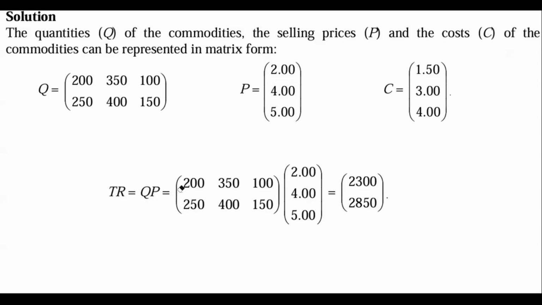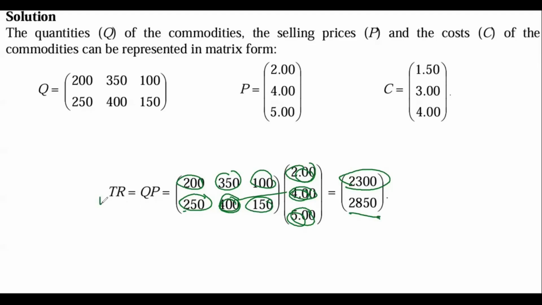So we multiply these here by this here, you get 2,300, right? So just in case you didn't grasp multiplication, you get 200 by the 2 plus 350 by the 4, then the 100 by this, add all of that up, and you get that. Then you're going to multiply this by that, this by that plus 400 by this, and then 150 by this. When you add all of them up, you get that, right?